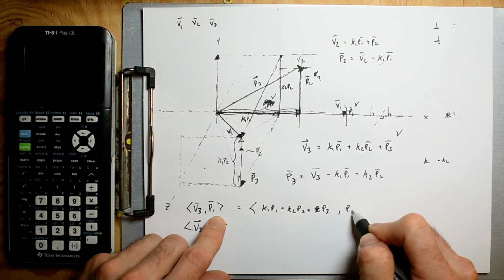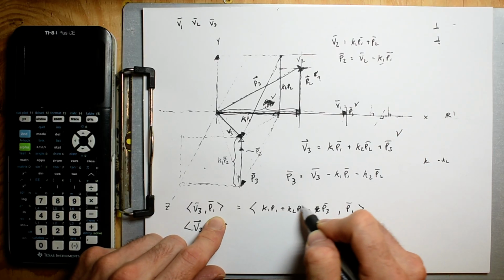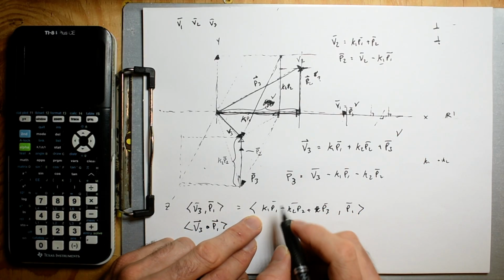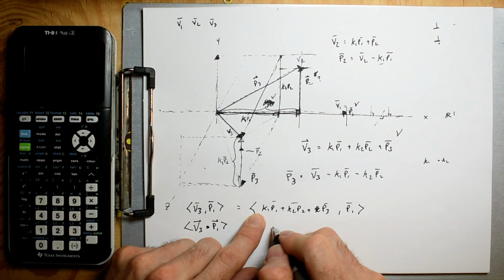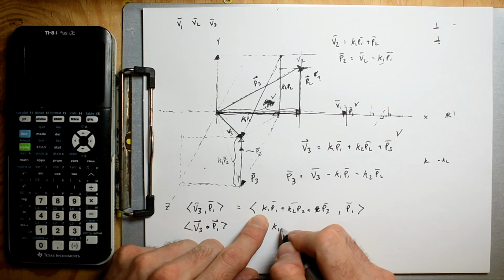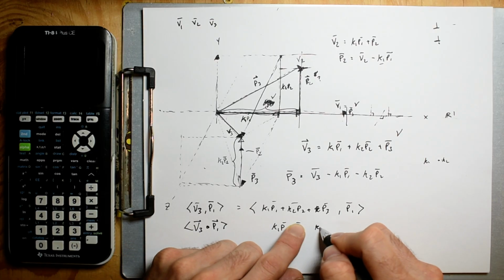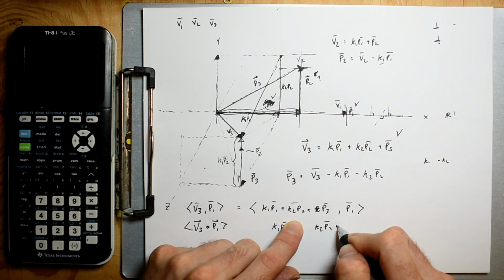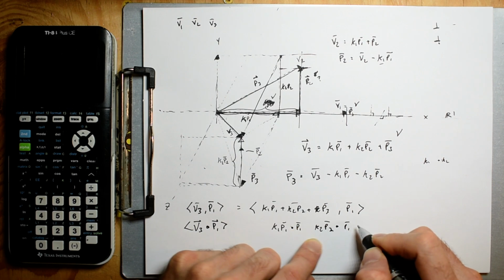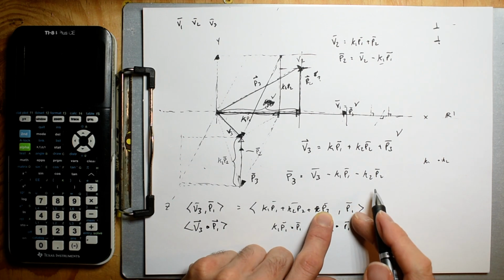And then we're going to dot it with P1. And then we can FOIL this through. So if you're more familiar with it like this, K1 P1 dotted with P1, K2 P2 dotted with P1, and then P3 dotted with P1.